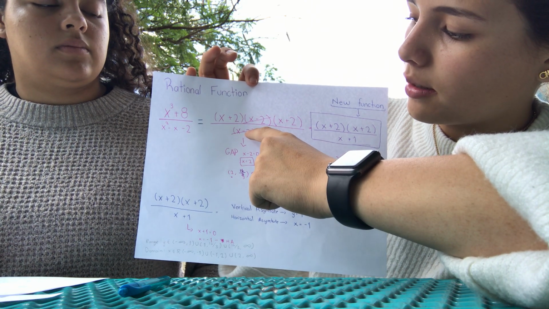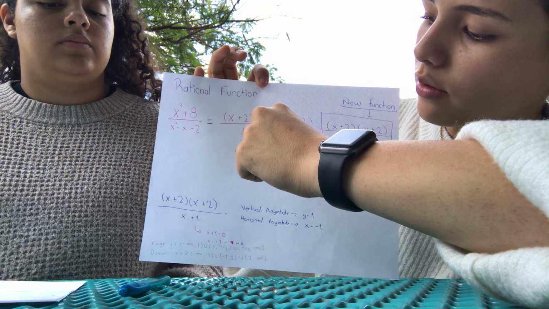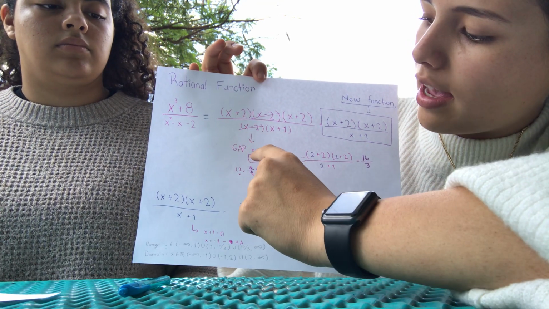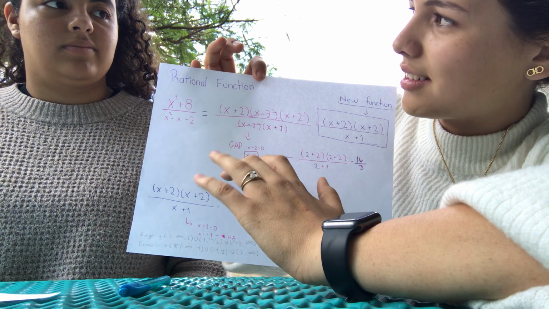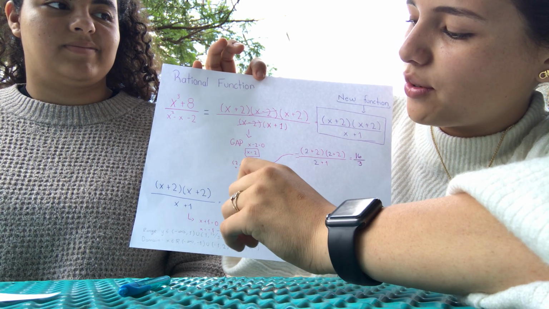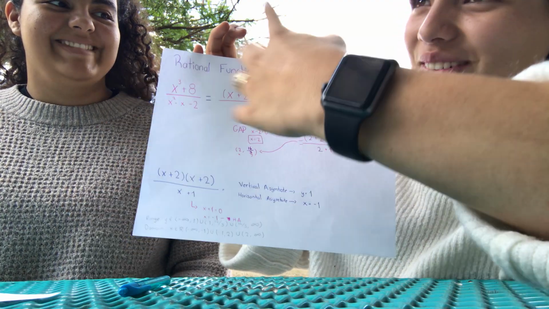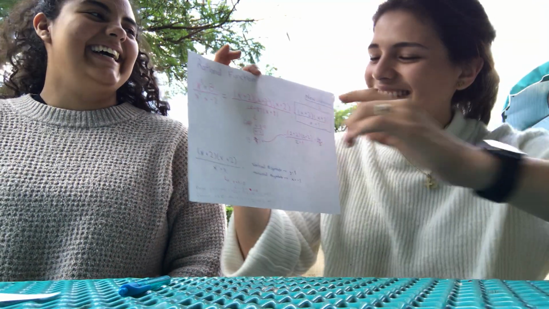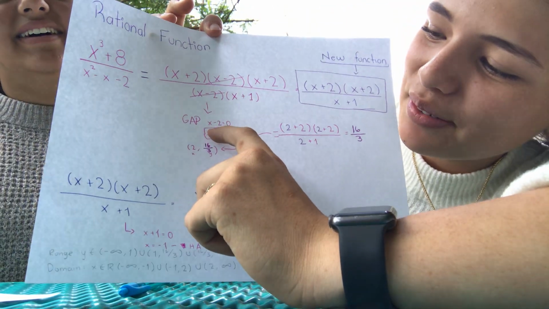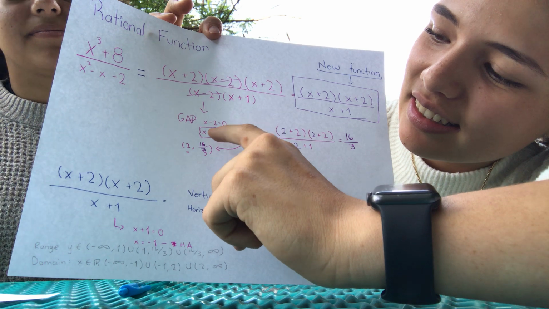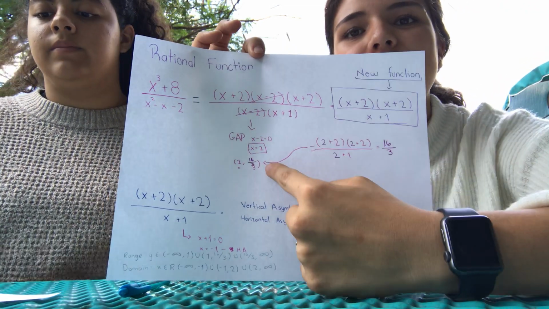We canceled the x minus 2 upstairs and downstairs, and then we have to set it equal to 0, and we get x is equal to 2, and that's our first coordinate for x on the gap.